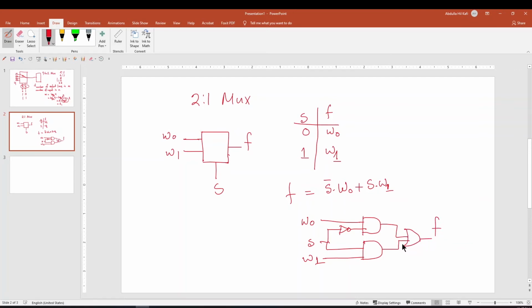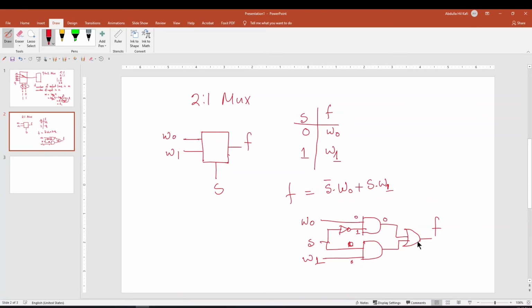So you can clearly see that if we give 0 over here, it will become 1 here, and if you give 0 over here, so this is 0, so 1 and 0 gives 0, and this is also 0, so 0 and 0, the output is 0.